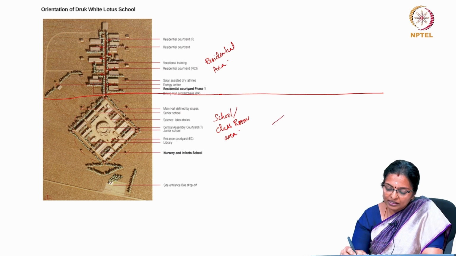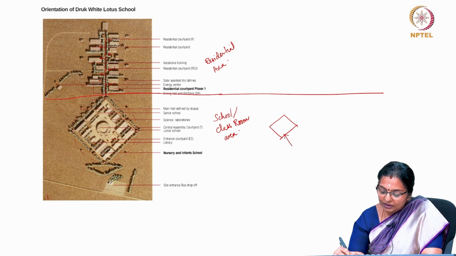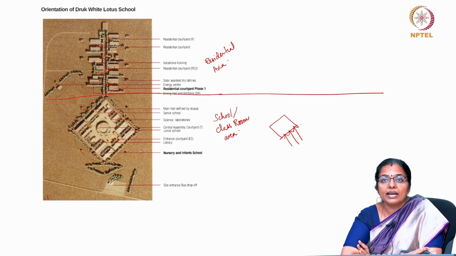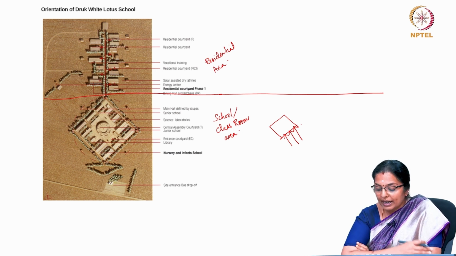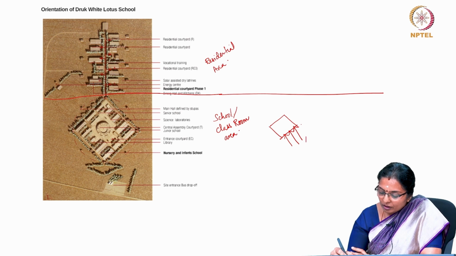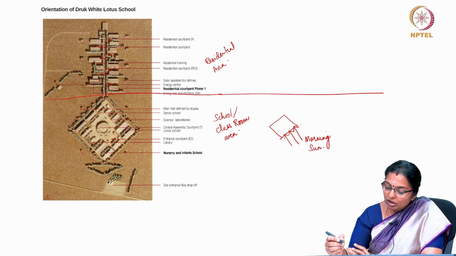Because of this orientation, they are able to tap and optimize on the unique solar potential of this place. So, they get the morning sun, because it's a very cold place.